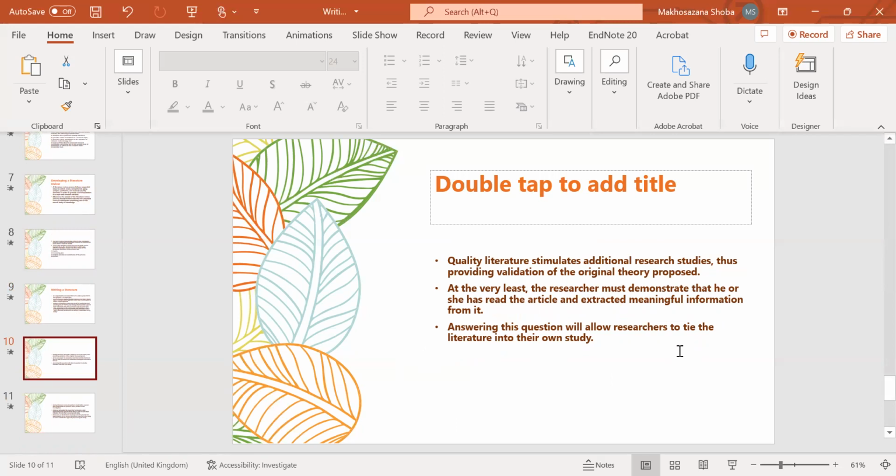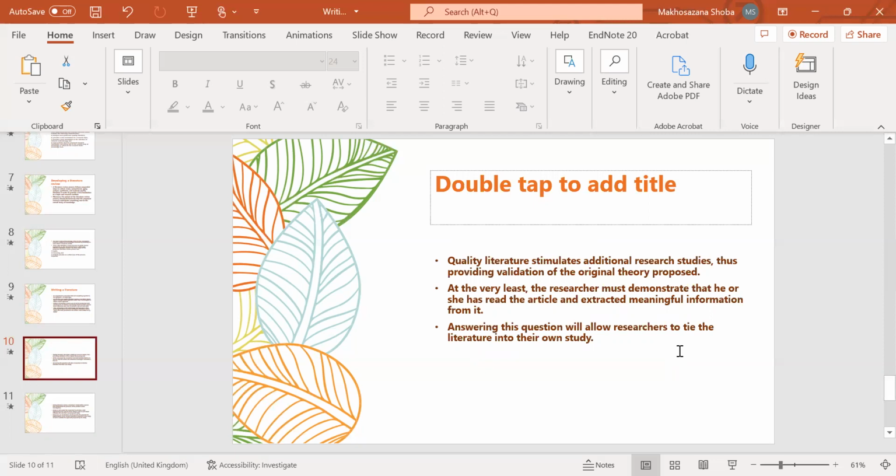So quality literature stimulates additional research studies, thus providing validation of the original theory proposed. When you develop a good quality literature review, you are likely to stimulate additional research studies. This gives leeway to the validation of the original theory proposed.